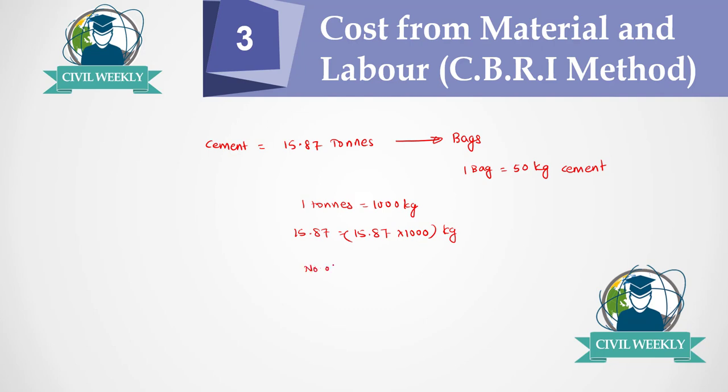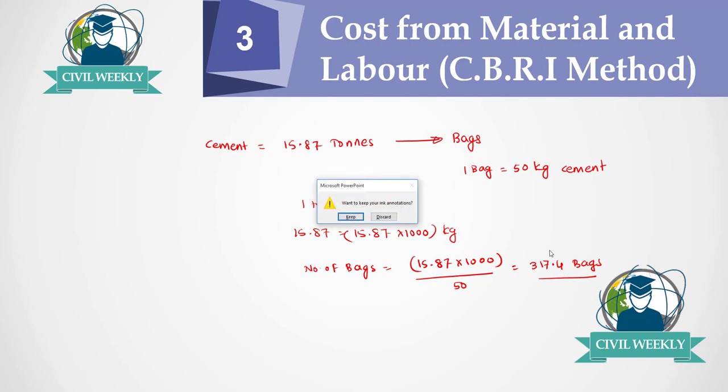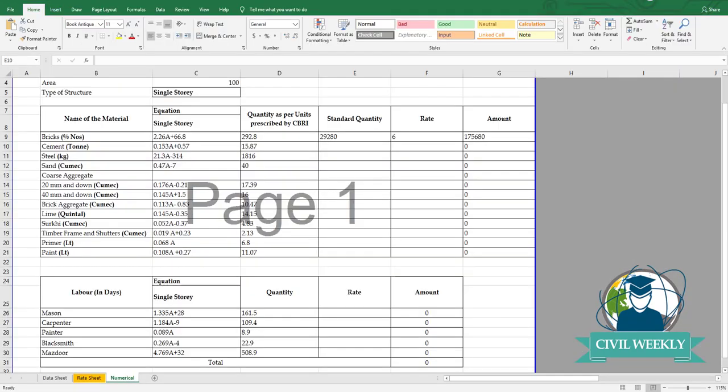Number of bags will be 15.87 into 1000 divided by 50. So 317.4 bags will be required. I can say 318 bags are required, so 318 will be my standard quantity. The rate is 350 rupees, so the cost will be 1,11,000 rupees.